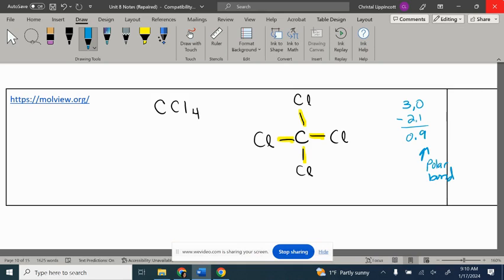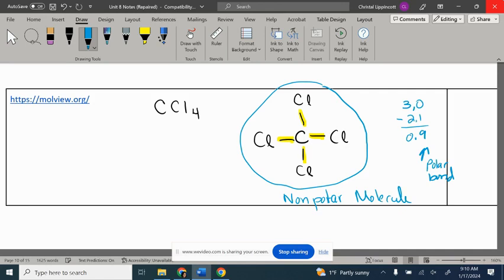Okay. But here's the but. This is symmetrical. And that difference is played out equally around the entire molecule. So even though you have polar bonds, this symmetry is going to give you a non-polar molecule.